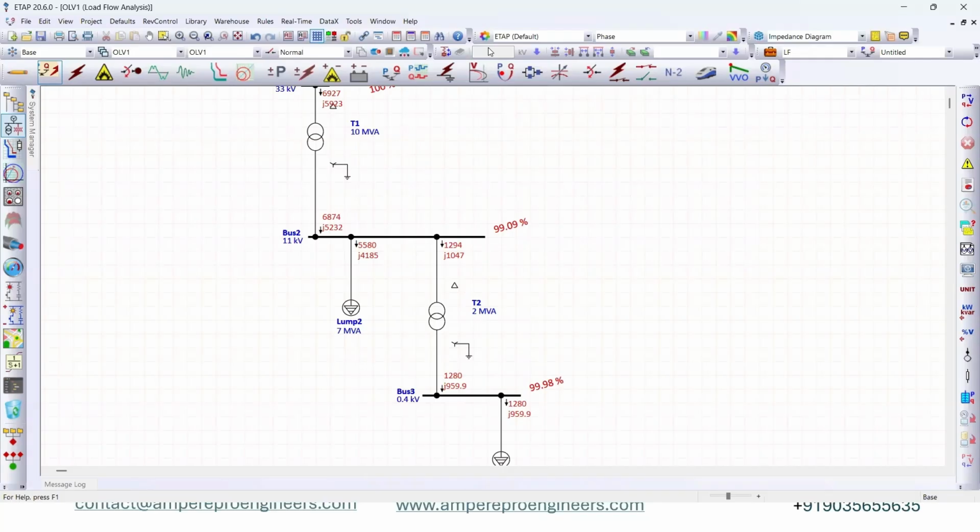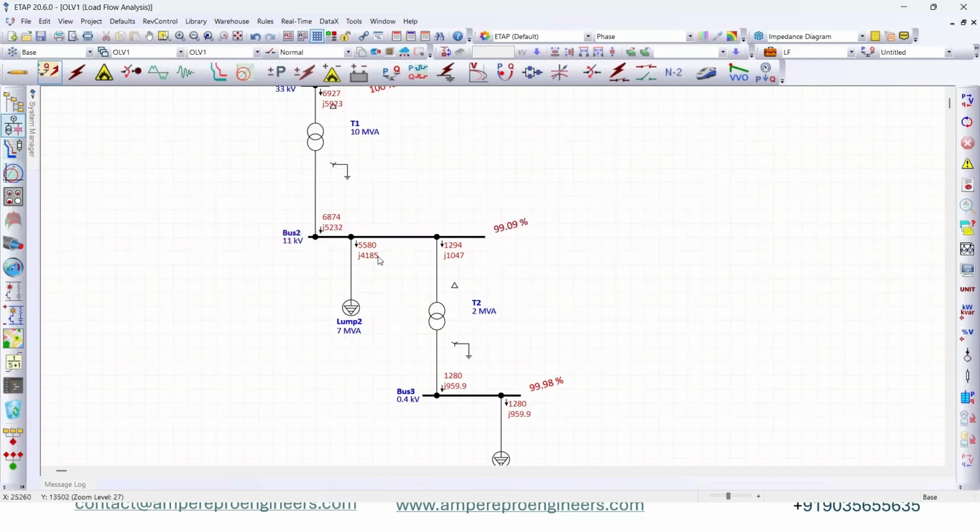Anyone? Yeah, Sayed. Yeah, 7 MVA. Actually, there is 7 MVA in the 10 MVA. There is one more load here also, right? So that means 7 plus 2, around 9 MVA total, right? Yes. Okay. Thanks, Santosh, for putting it.